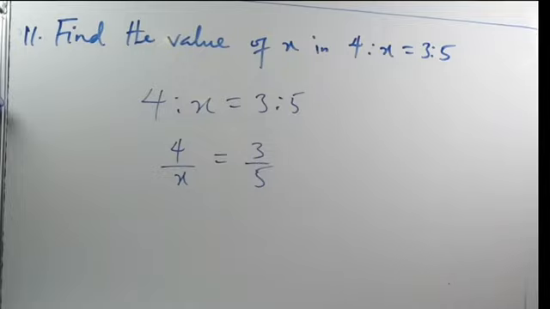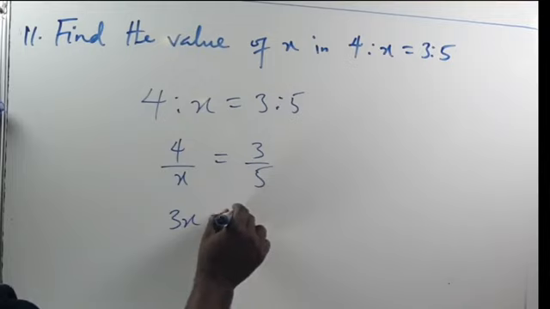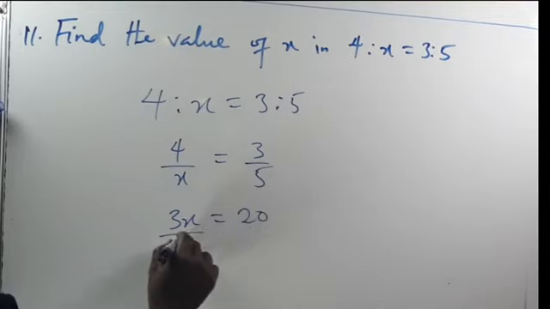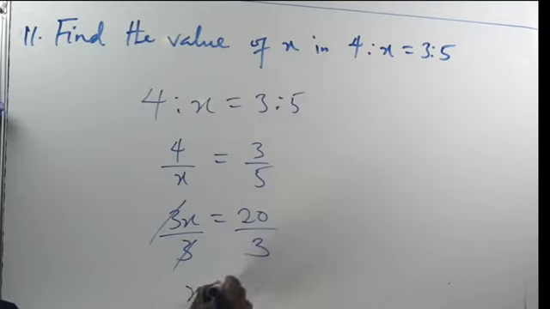So from here, we've changed it to an equation involving fractions. In that case, cross multiply: we have 3x equals 20. Divide both sides by 3, 3 cancels 3. Then x is 20 over 3, which is 6 remainder 2, so 6 and 2/3. So that is the value of our x.